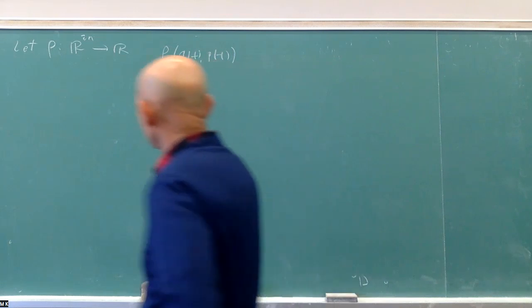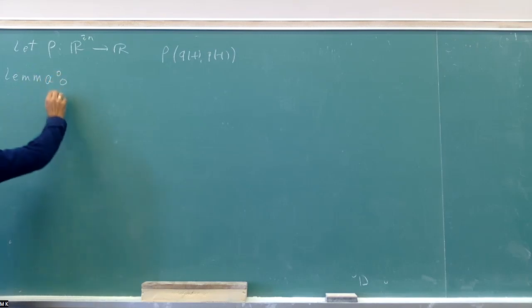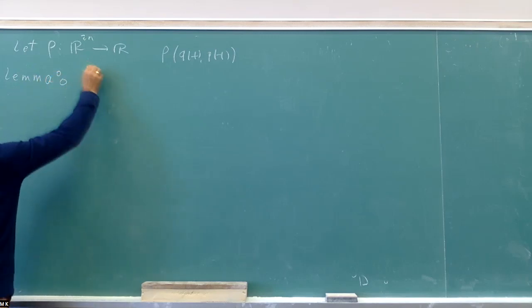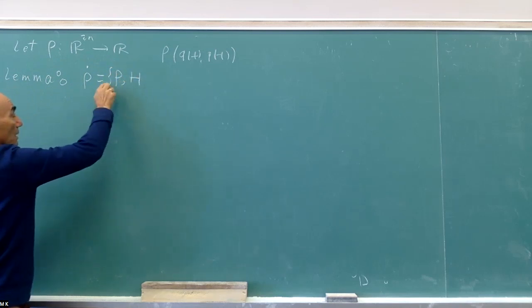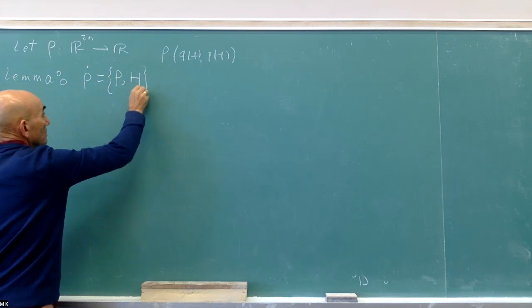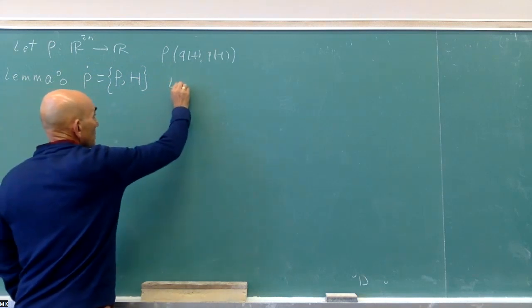And in fact, it happens that the following lemma is true. Lemma: rho dot is equal to the Poisson bracket of rho and H. This is called Liouville's equation.